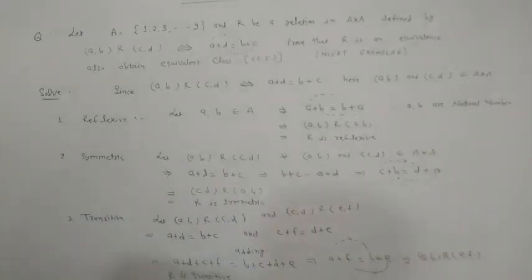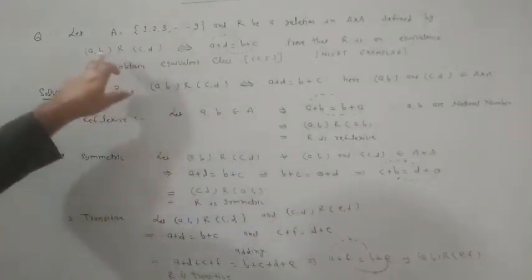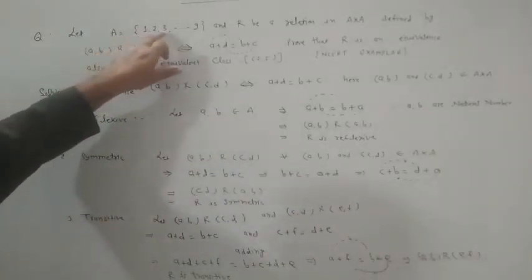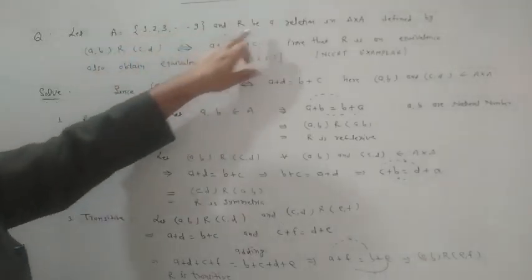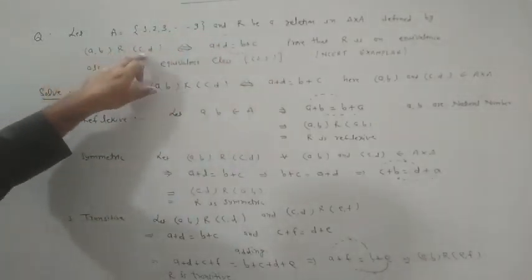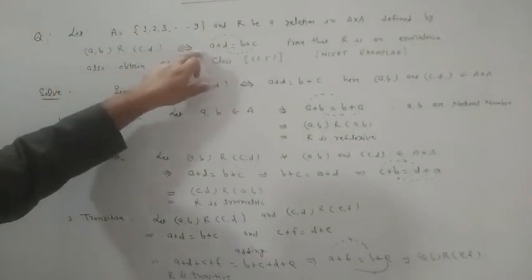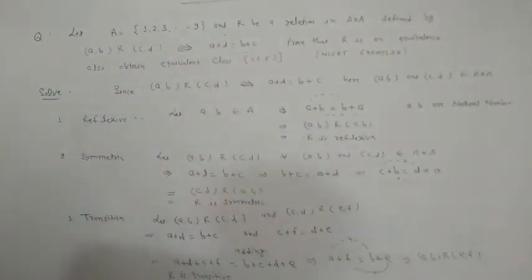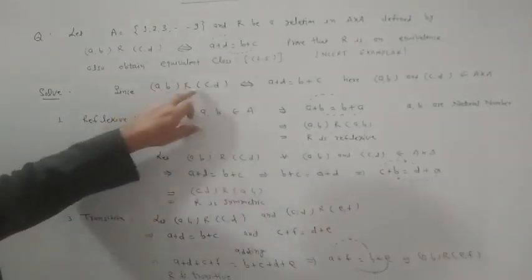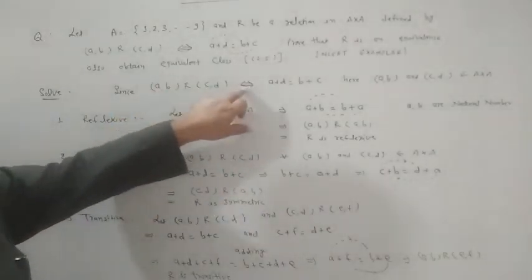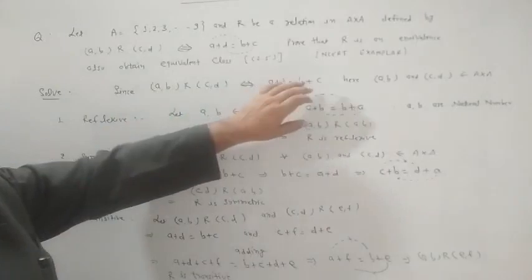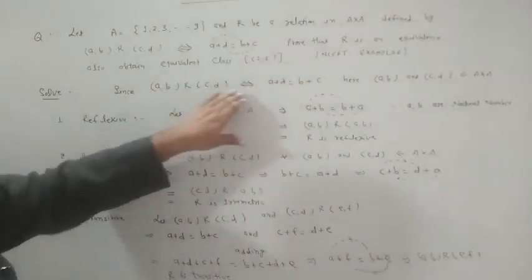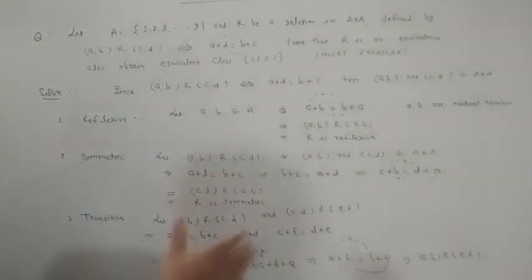So in this question, the defined relation is: A has the elements from 1 to 9, and R is the relation defined as (a, b) related to (c, d) if and only if a plus d equal to b plus c. That means this relation is satisfied from both sides.